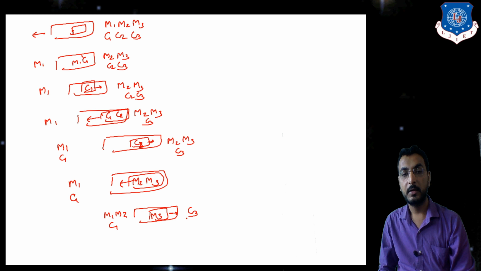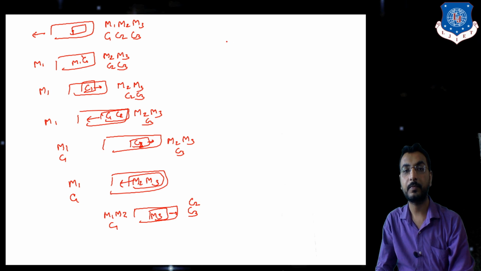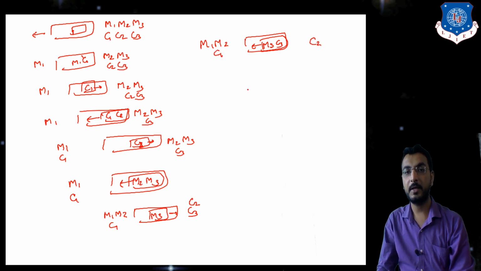Now see, C3 will come up here with M3 and C2 will also be here. So let's say in the next step M3 and C3 will move here, and M1, M2 and C1 will be here and C2 will remain here.